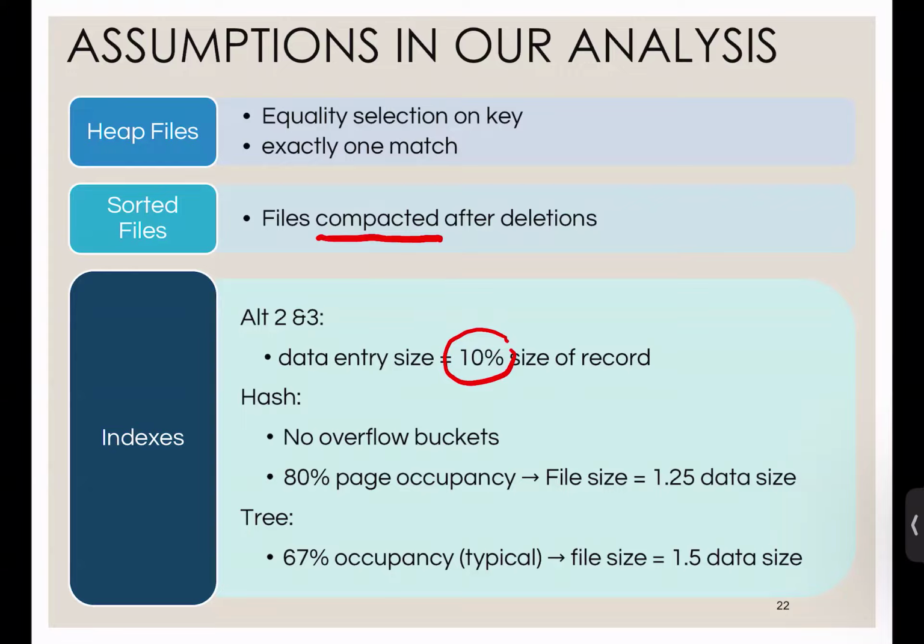Well, we just pick some as a search key. For example, we just pick authors, keywords, or ISBN as a search key. So the index structure we build will be much smaller compared to the full data records. So we assume that the size of the index is 10% of the full size.